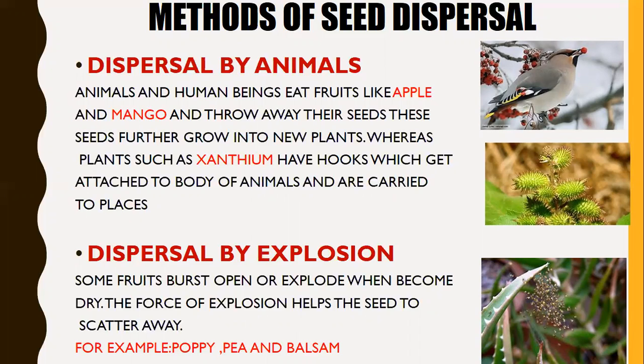Some fruits like tiger claw, xanthium, and burdock have seeds with hooks. These seeds stick to the fur of animals and clothes of human beings and are carried away. Next is dispersal by explosion.